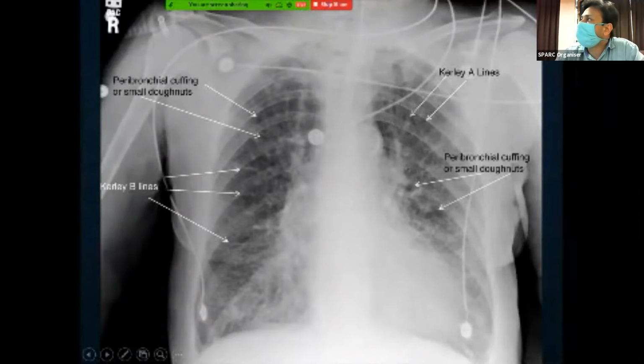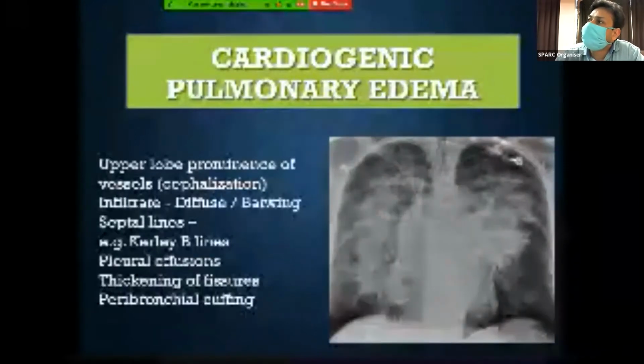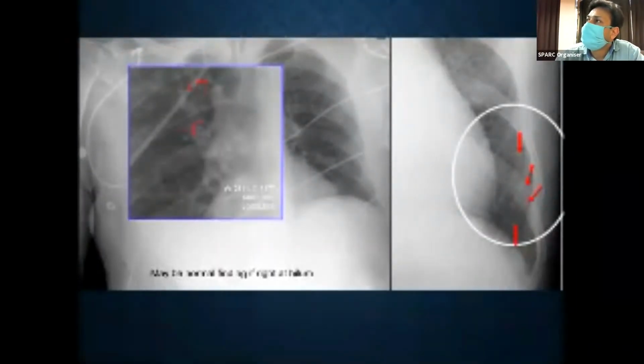I'll be showing you some examples of Kerley B lines, and the walls of the bronchi also appear thickened, which is called peribronchial cuffing. And you can also have pleural effusion and lung opacities, like the one florid example I have shown you in this case, but you won't find a similar picture in all cases. Very rarely you will have this kind of perihilar opacity in pulmonary edema. Mostly you will have this cephalization and these crisscross lines, Kerley B lines.